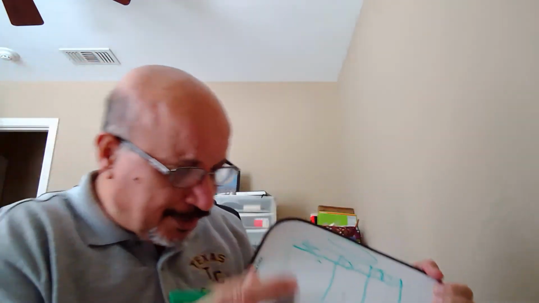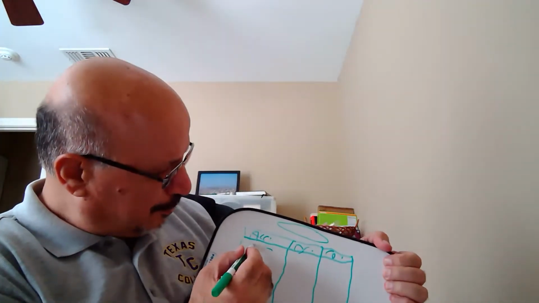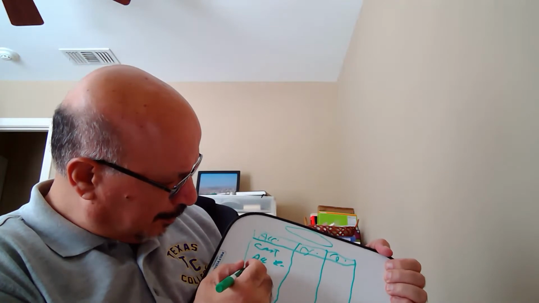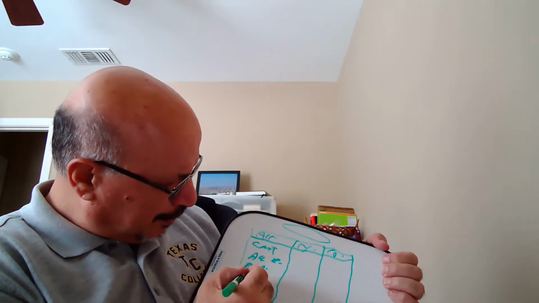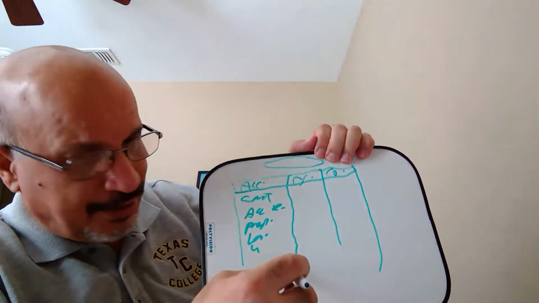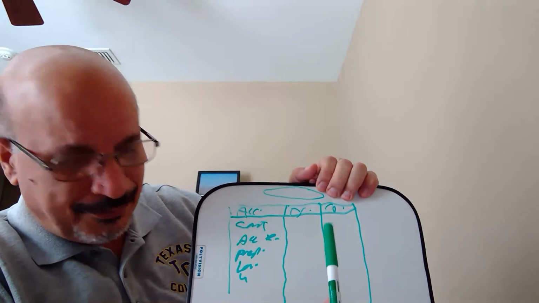You're going to list all your accounts: cash, accounts receivable, prepaid, land, building, etc. You list all those accounts here, and then you're going to post the balance. For example, the cash balance from my general ledger is 17,140.